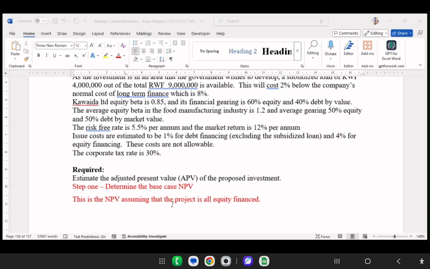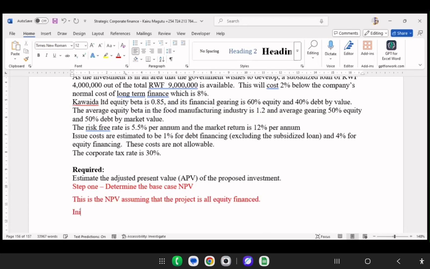That means if the project is all equity financed, the discounting rate is the cost of equity. So in our case here, we need to establish the variables that we use, and this one we discussed yesterday and the previous time.